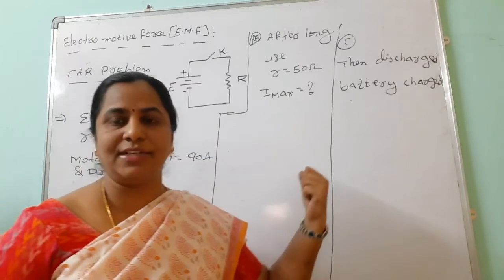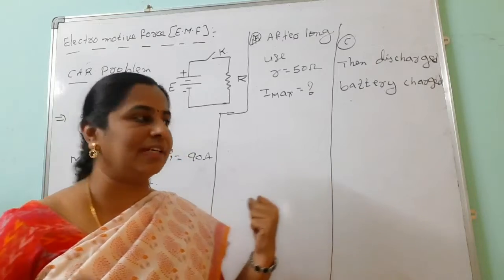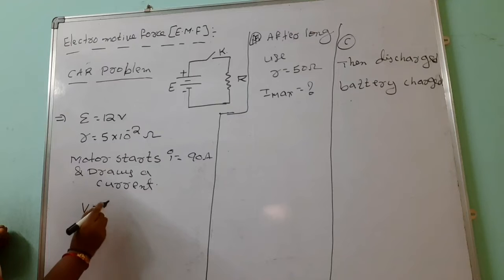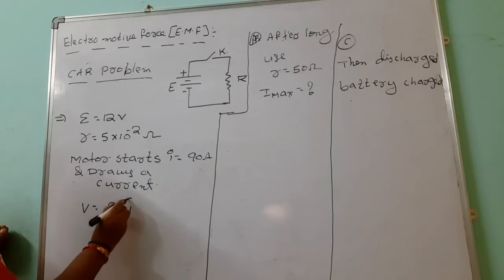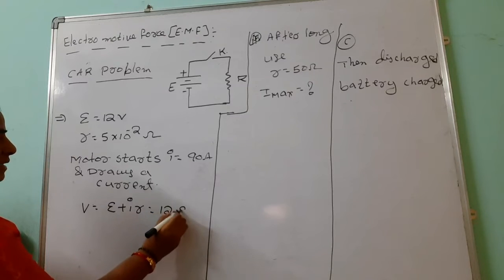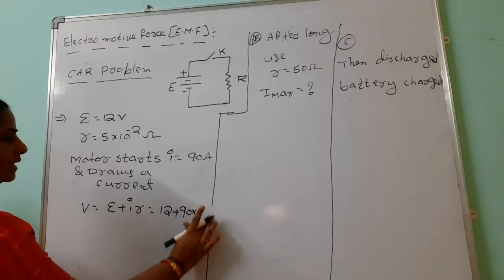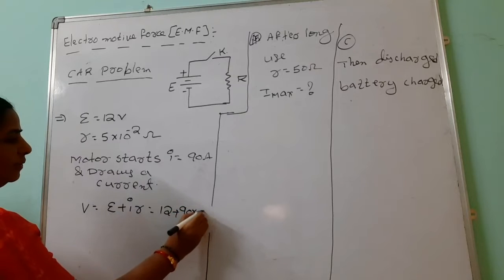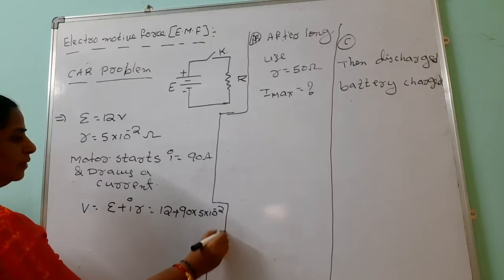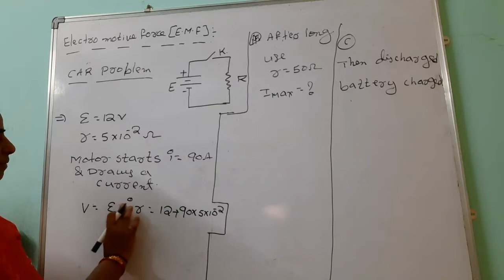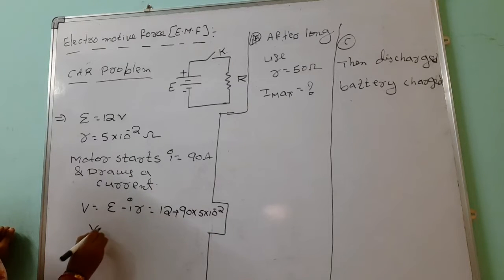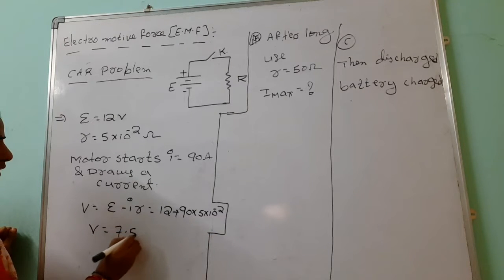In the case of discharging, V equals epsilon minus IR. Here epsilon is 12 volts, the current is 90 and the internal resistance is 5 into 10 to the power of minus 2. After simplification we get 7.5 volts.